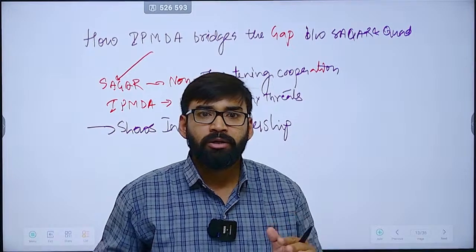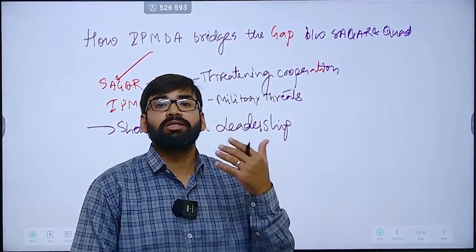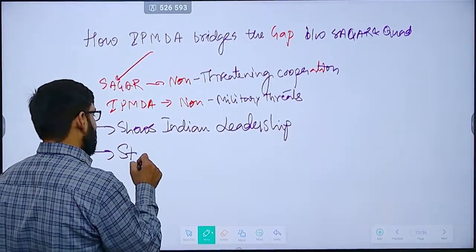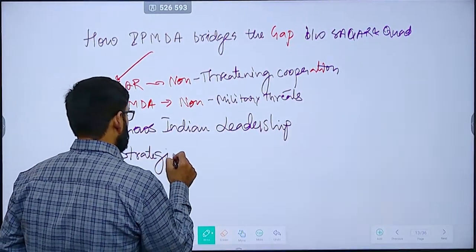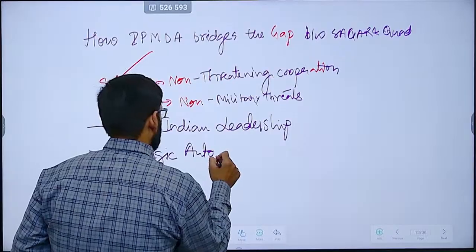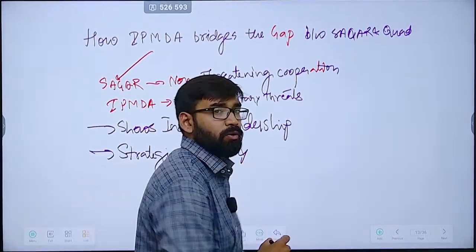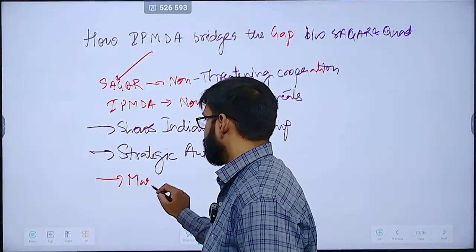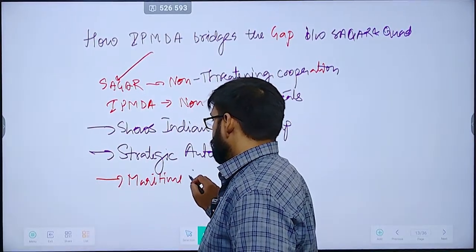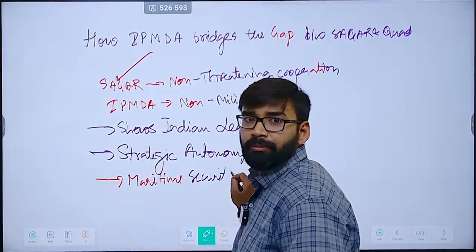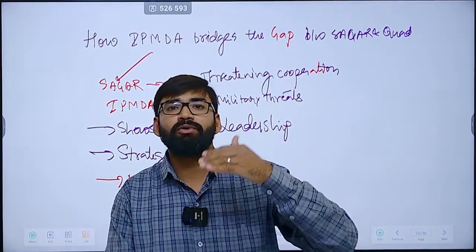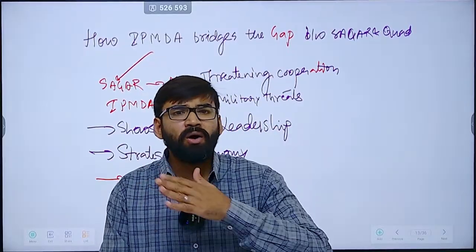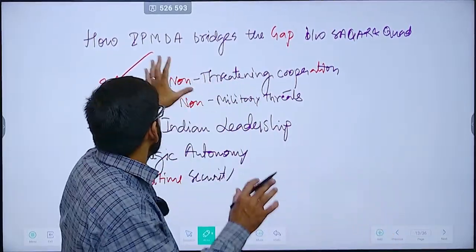Then you can mention strategic autonomy. You can also mention maritime security, information sharing, capacity building, and disaster response. This is how you have to write.